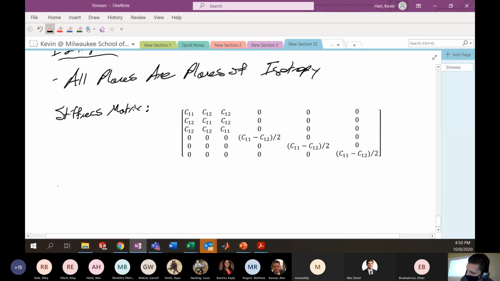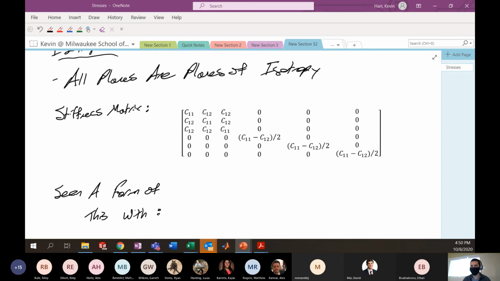And we have seen a form of this with actual engineering constants, which was this one.